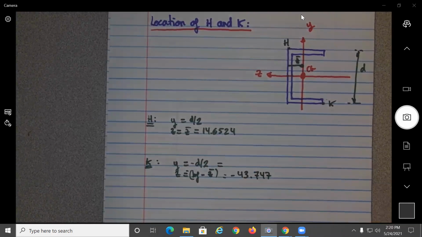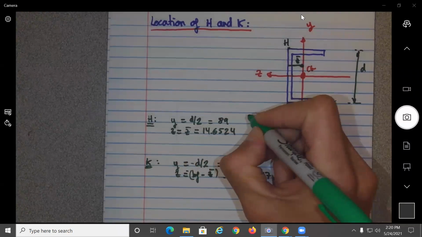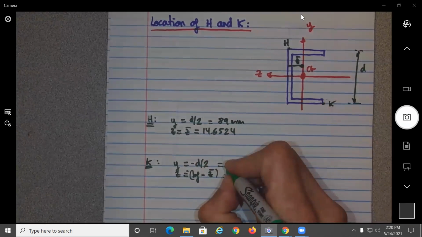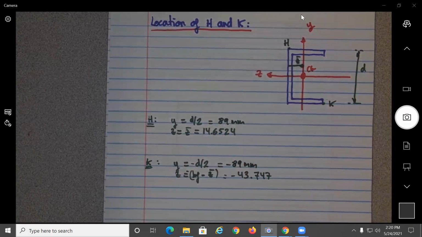And D in our problem was equal to 178. So that would be 89. Yeah, it's 160 plus 18, correct. So 89, and it will be minus 89. But again, it's dangerous if you start putting signs. All right.